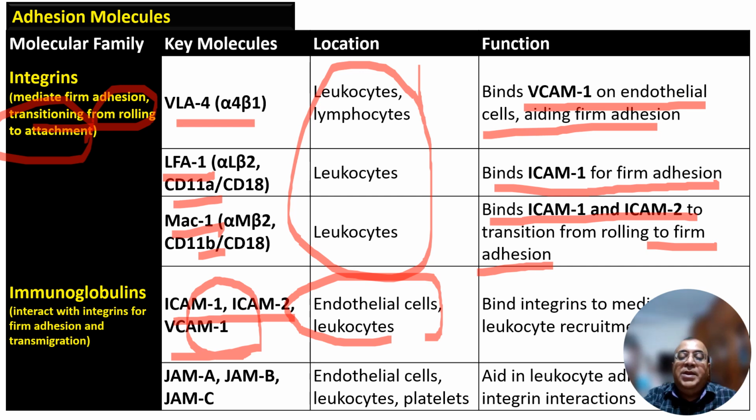While JAM A, B, and C are expressed on endothelial cells, leukocytes and also on the platelets, and they also aid in leukocyte and the integrin interaction.